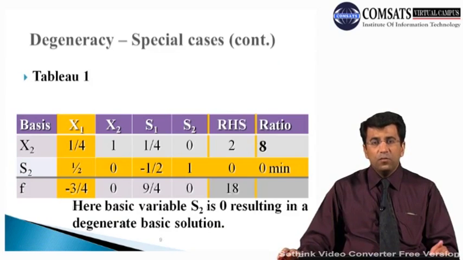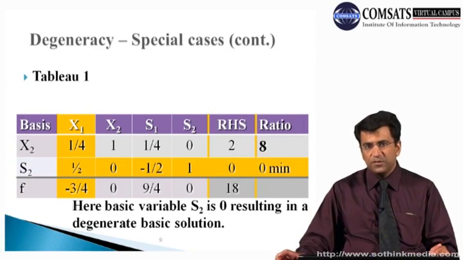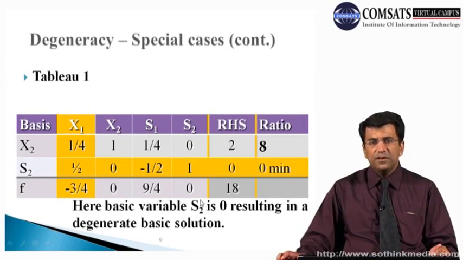Now again class, I have omitted the different steps of how we got the values of this table. What you will have to do, again you will have to follow the similar procedure. We have already solved many problems using the different formulas, that is the formula for computing the new pivot row and the formula for computing all the other rows.